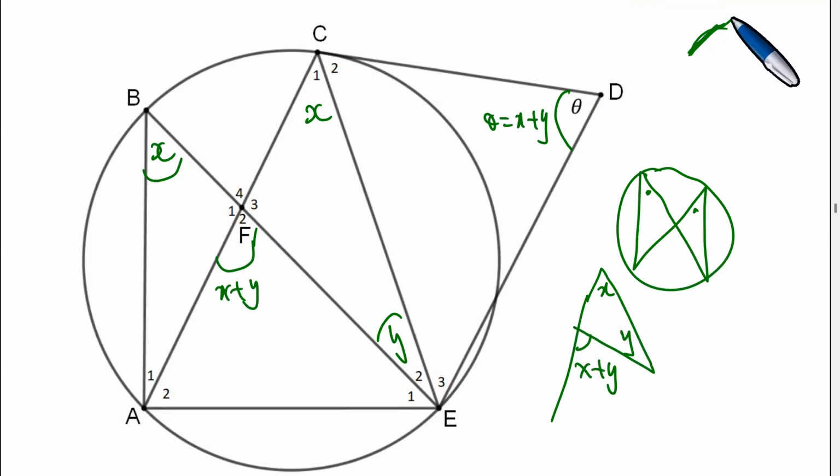If you have this quad here like this, and this is actually like this, you can have something like that one.